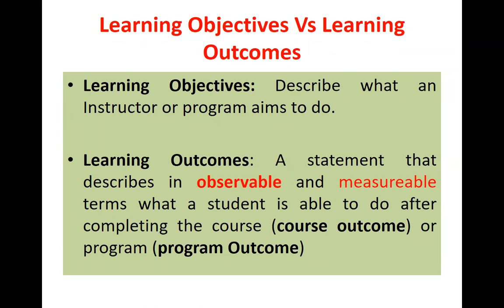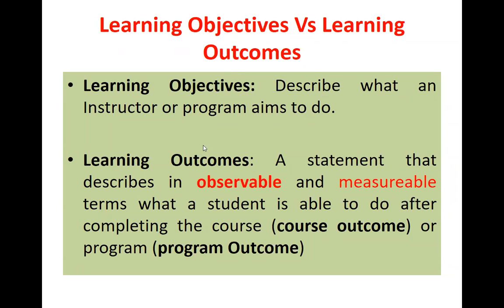The first statement will be objectives. These objectives refer to what the instructor is supposed to do. They describe what an instructor or program aims to do. Mostly, we misunderstand this objective to be the course outcome, but both are different.